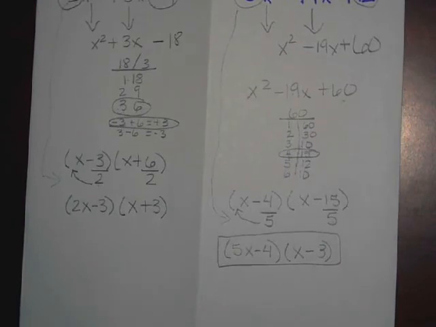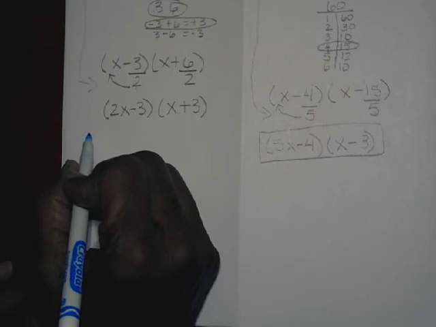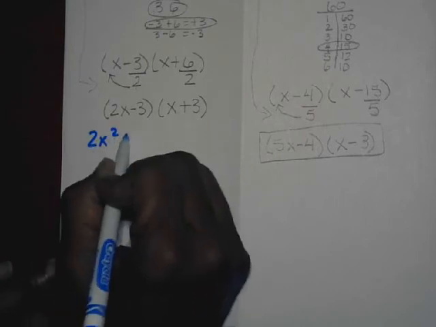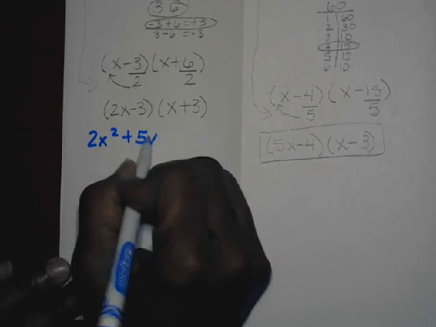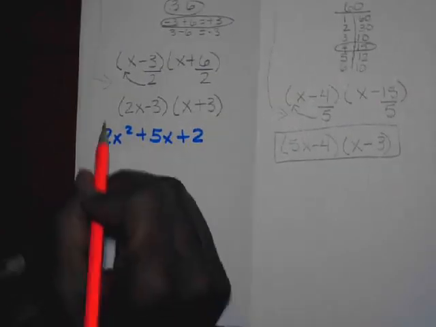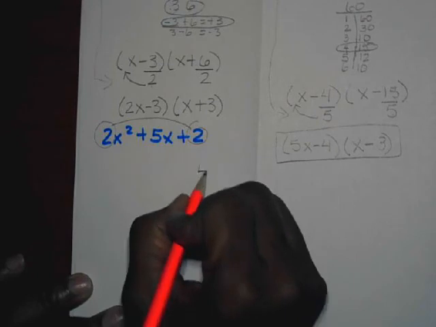Look at there. All right, let's do one more. Let's try this one. Let's do 2x squared plus 5x plus 2. I'm not going to write as much this time. All right, multiply first and the last. That gives me 4.